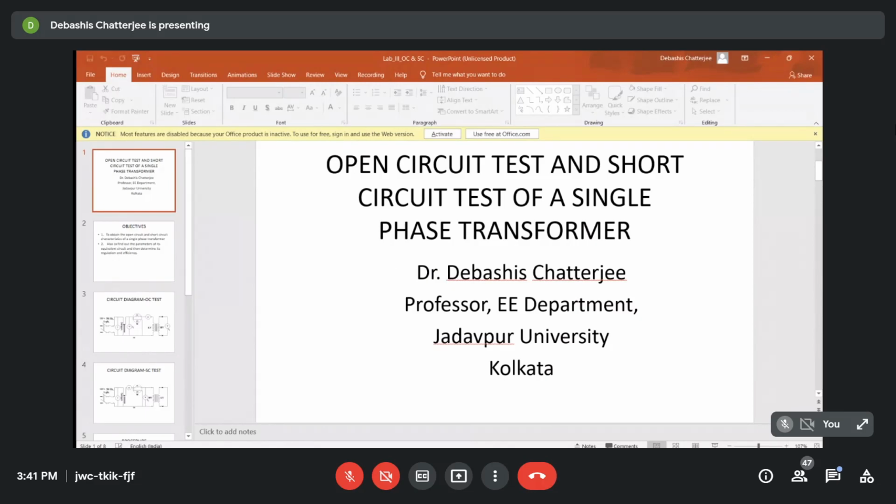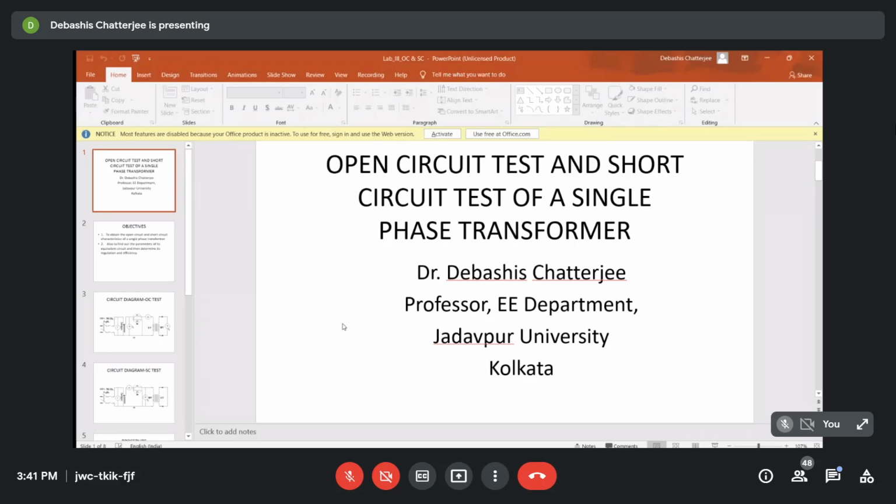Okay. So actually, I was explaining why this test is exactly required. The test is required, as I was telling, to determine the equivalent circuit parameters. If you ask me what an equivalent circuit is, it is the circuit that explains the behavior of a transformer under different conditions, right?